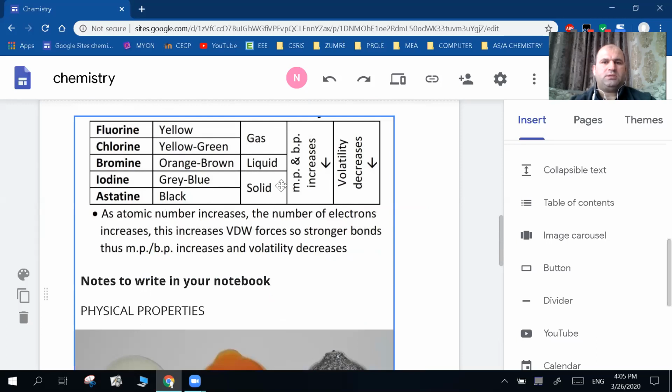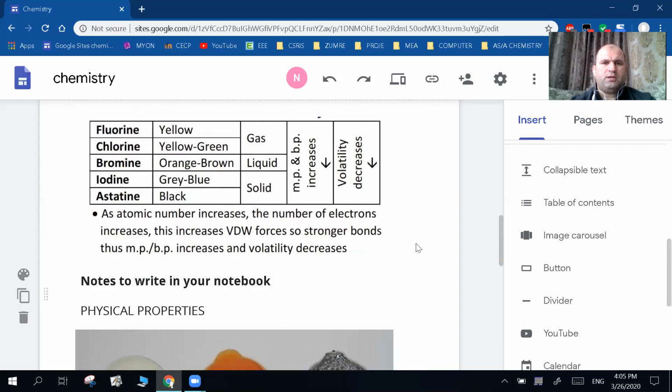What is the trend here? If you go down the group, it goes from gas to solid. Melting and boiling points increase down the group, volatility decreases down the group, and density increases down the group.